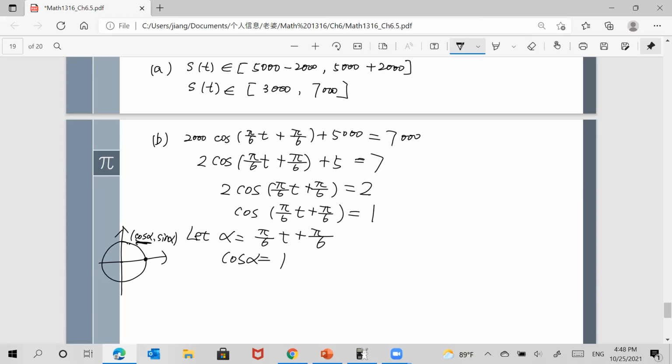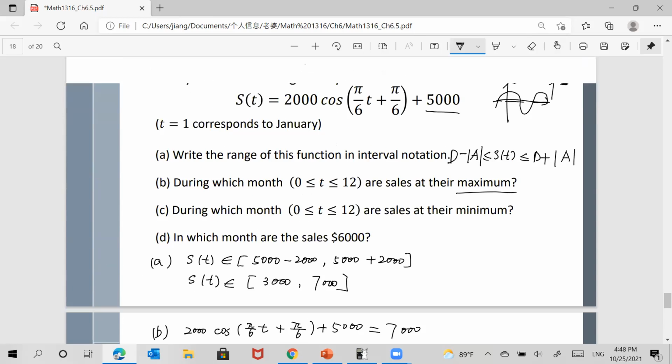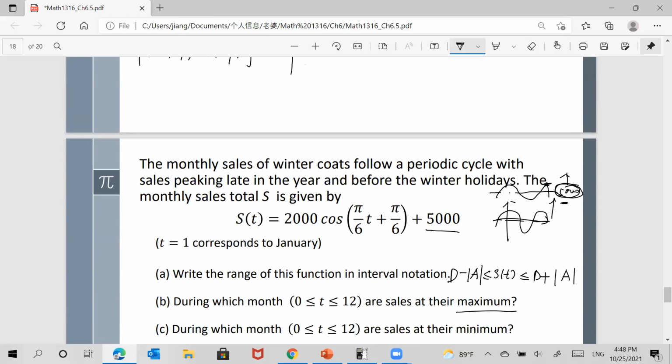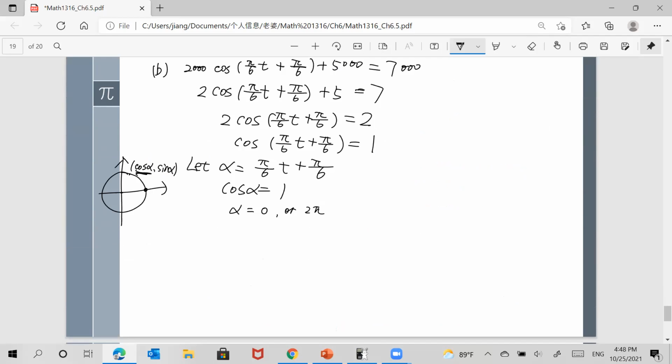From here to here, x is 1, right? So alpha is 0 or 2 pi. I don't know which, because this question didn't say the interval is between 0 and 2 pi. So we don't have that. That means I can say alpha equals 0 or 2 pi. And that means this one equals 0 or 2 pi, right?